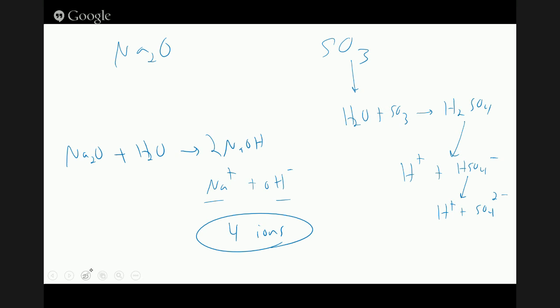So if I think about the number of ions that are present, I have essentially 2 times the H plus, and I have a lot of SO4. I'm not going to have a whole lot of this HSO4. And whatever HSO4 I do have will mean that I don't really have a full H plus. So, I don't know if I'm explaining this very well, but there are fewer ions here. So I would expect this to have a lower conductivity.